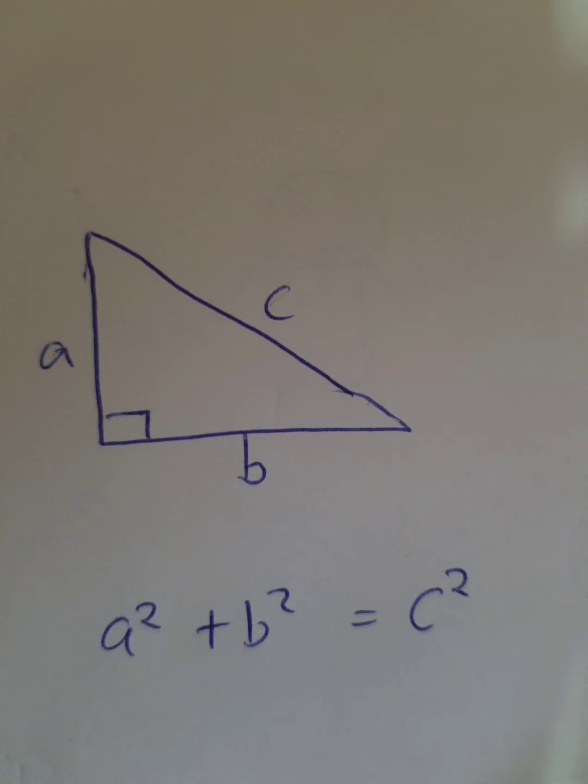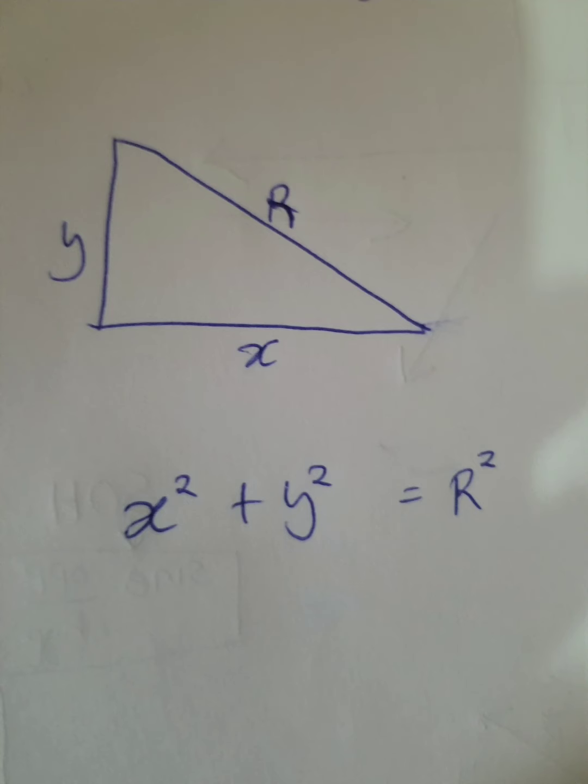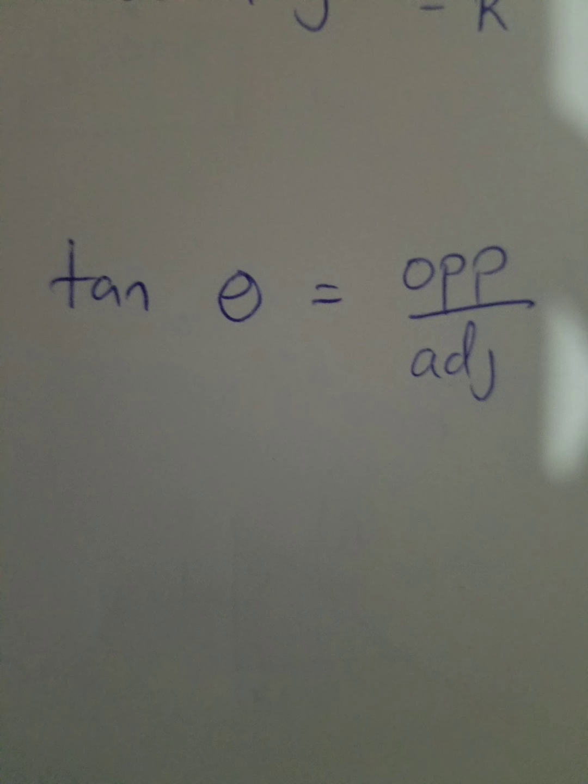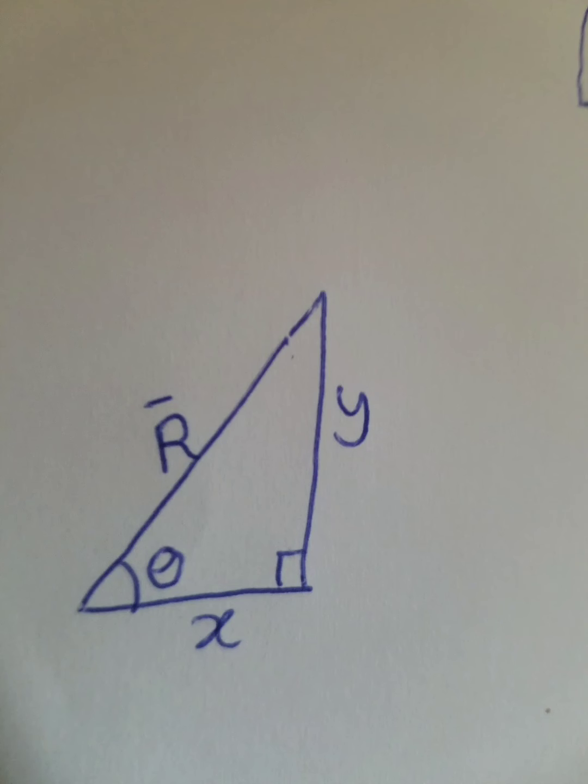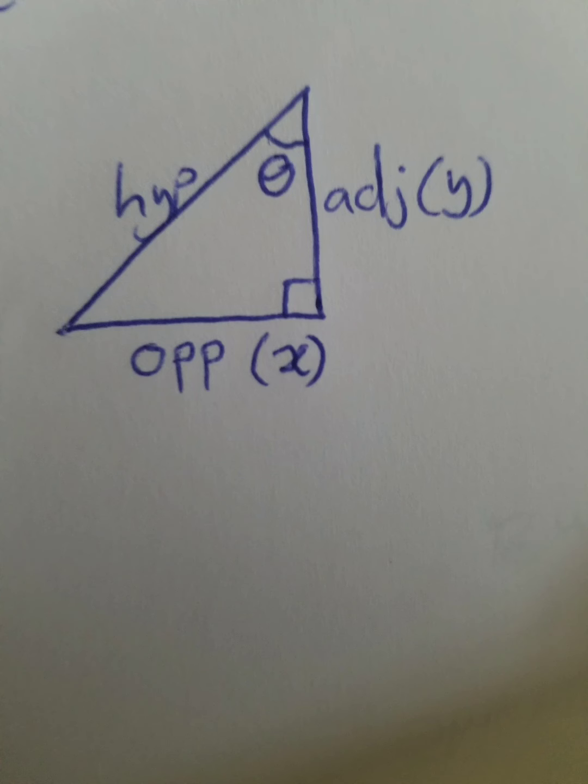Similarly, if you have a vector r with y and x components, you will have that x squared plus y squared is equal to r squared. Also take note that tan theta is equal to the opposite over the adjacent, which in this case is equal to y over x, and in this case is equal to x over y.